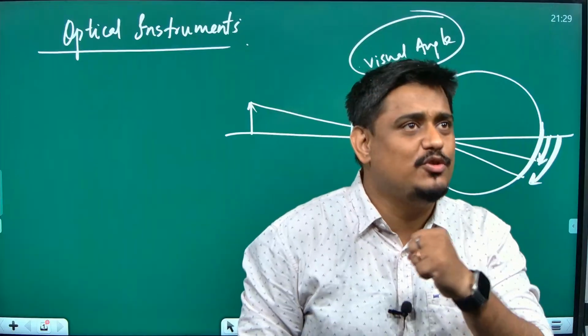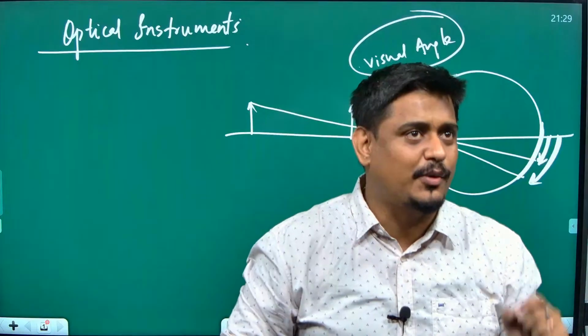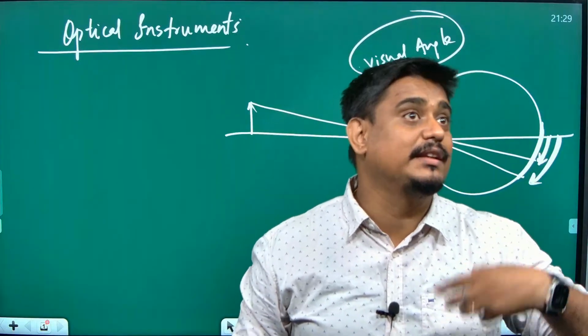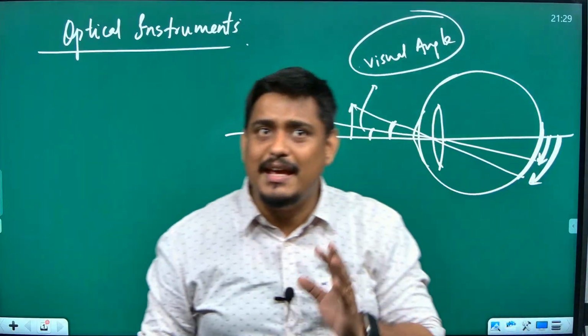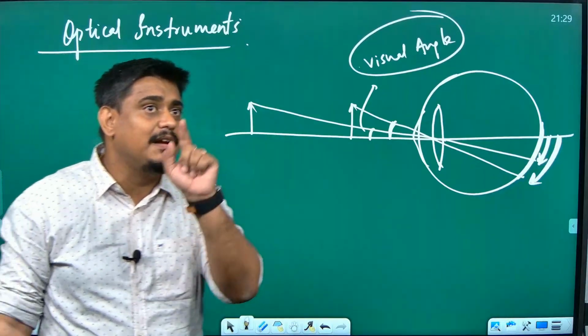Like the microscope. What is the use of a microscope? You want to magnify the object's size so that it looks clear to you, like when you are seeing a microscopic object. What is the use of a compound microscope? You want to further increase the size of the object. So our aim is to make the object look bigger, and for that we will take the help of visual angle.